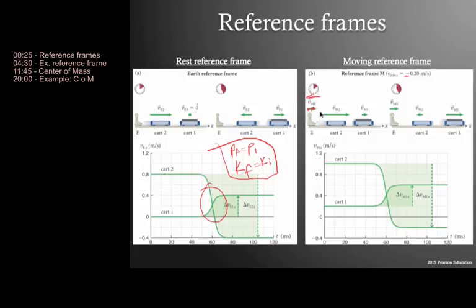So now instead of being at rest, we're moving to the left at 0.2 meters per second. Originally car 2 in this rest frame is moving at 0.8 meters per second. But since we're now backing up at 0.2 meters per second, it looks like it's at 0.8 plus 0.2. So it looks like it's moving away from us at 1 meter per second.